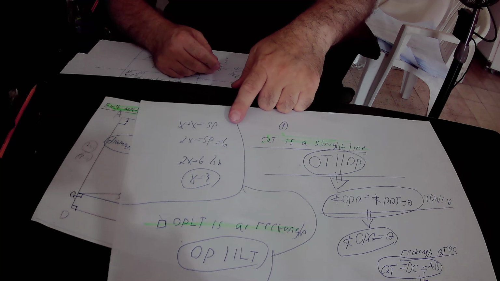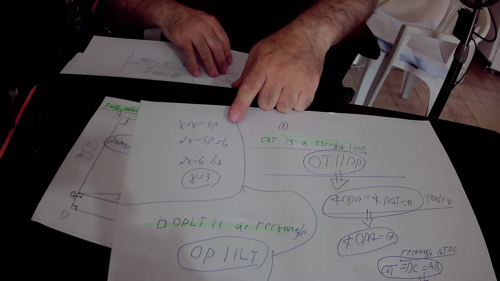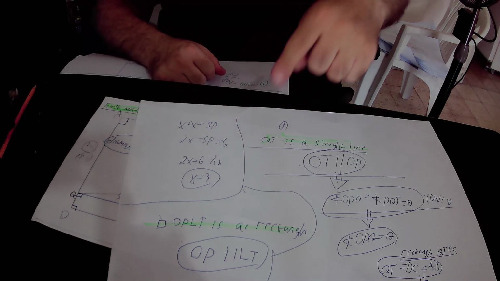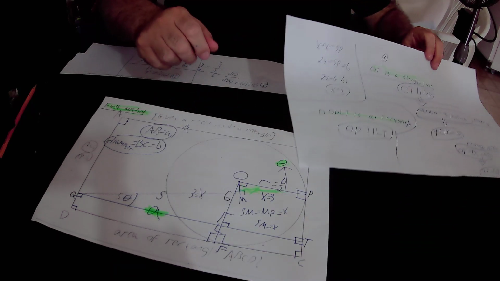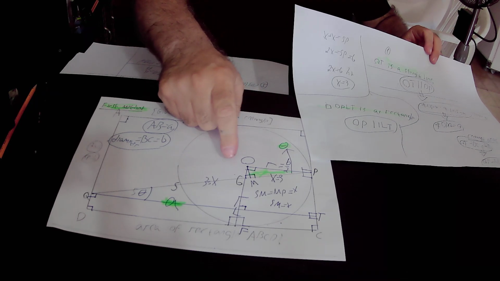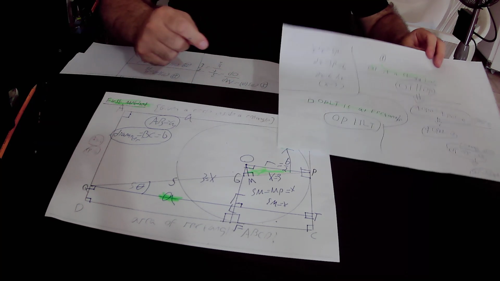So from this equation 2X equals 6, we divide this equation by 2 and we find that X equals 4 units. Here X equals 4 units and X equals 4 units.